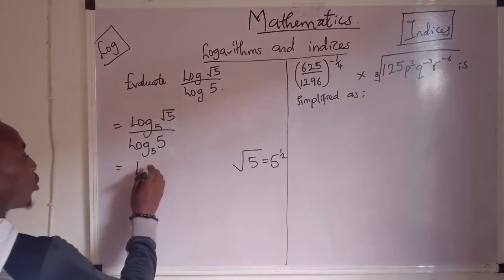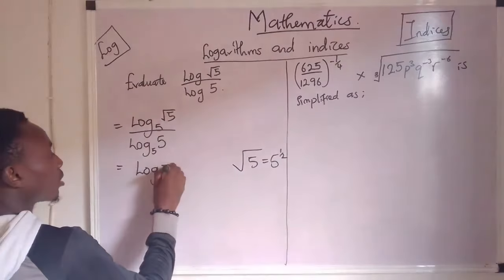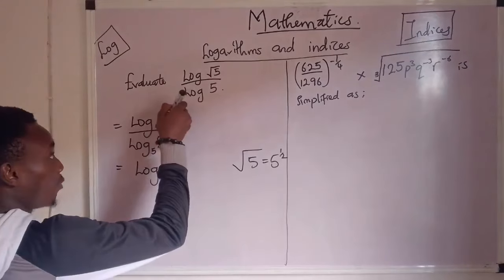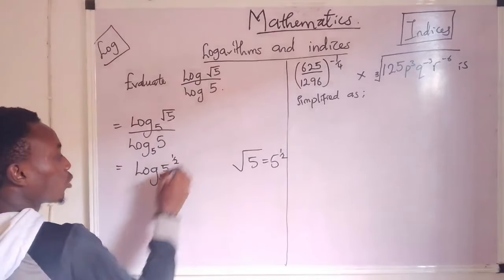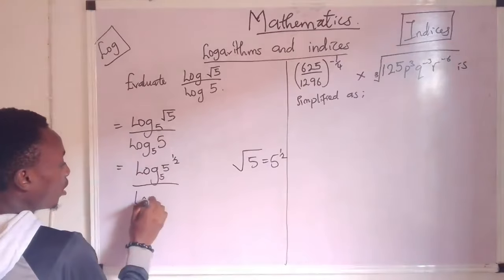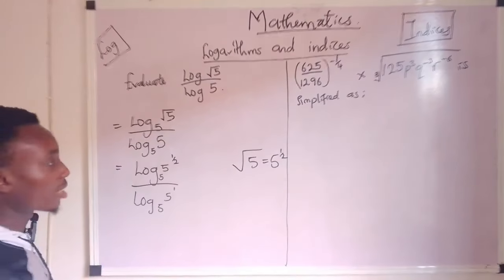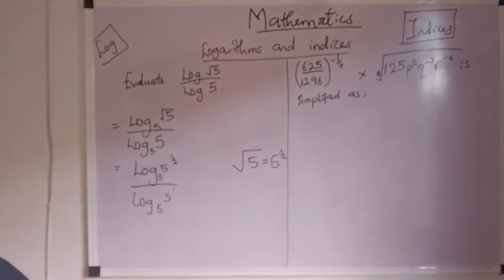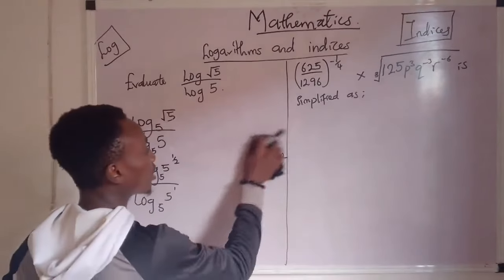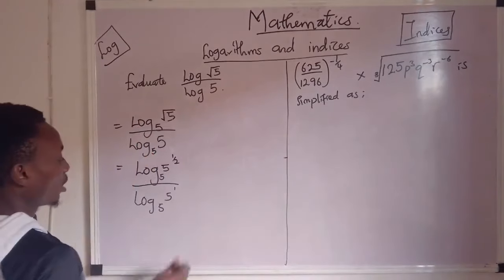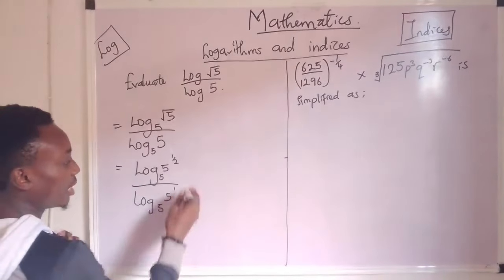And so what you have here is log base 5 raised to power 5, which is this one, raised to power 1 over 2, over log base 5 raised to power 5 raised to power, invisible 1, right? Okay, now solving this, what do we get? This one goes to the back, it's still the same thing.